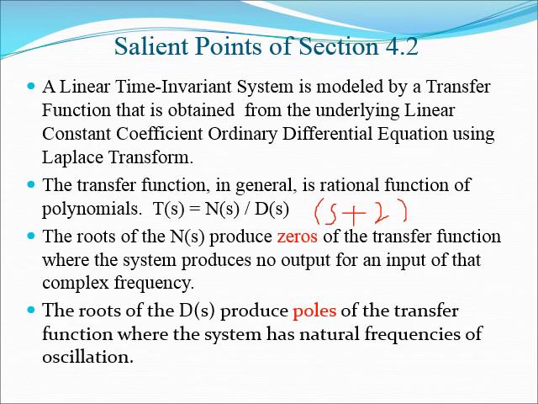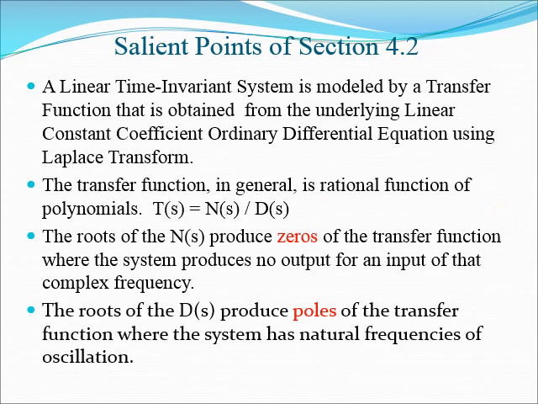So this gives us a root at s equal to minus 2. Now if you apply an input at s equal to minus 2, then the gain of the system will go to 0. So that's what is called the zeros of the transfer function.